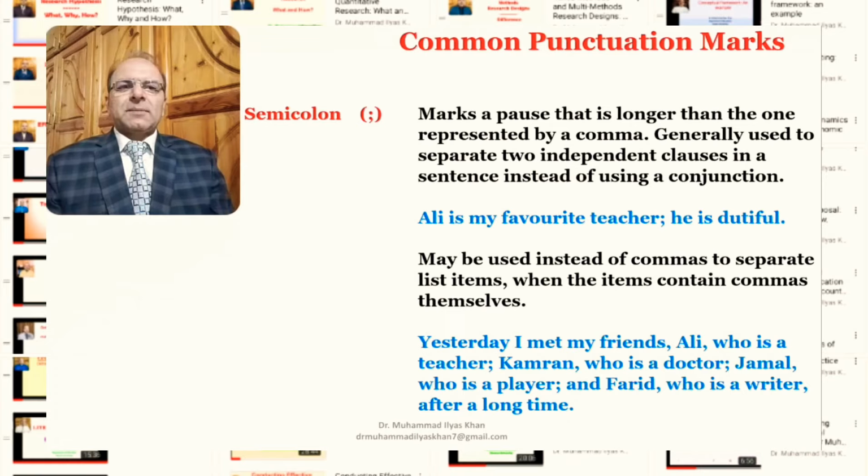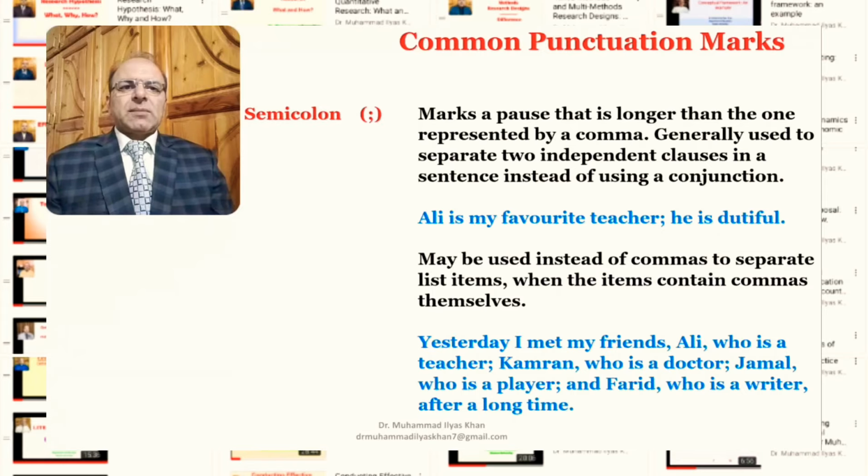So, in some cases, you just want to avoid the use of conjunctions, and in that case, to separate two independent clauses, you can make use of semicolon. So, Ali is my favorite teacher, a clause, then followed by a semicolon, he is dutiful.